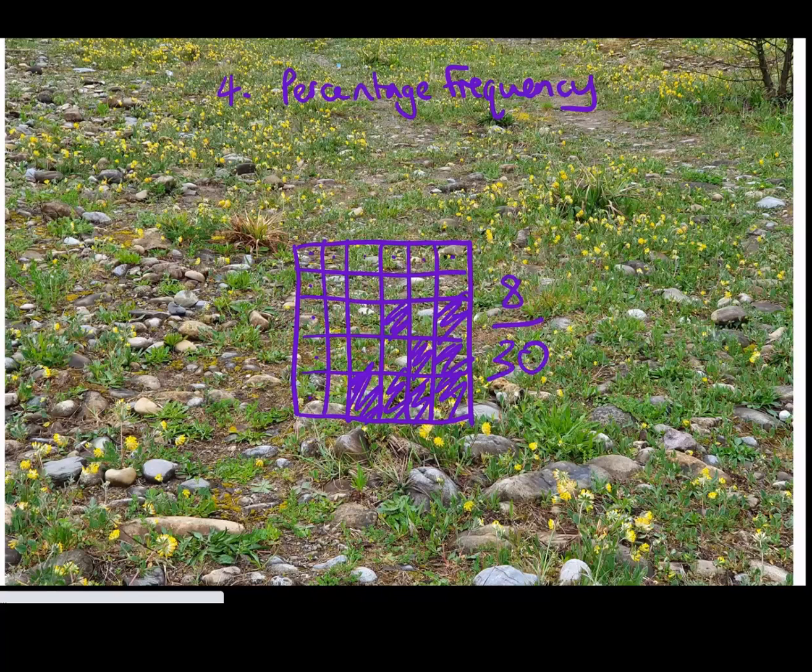And so the percentage frequency will be 8 out of 30 multiplied by 100 to turn it into a percentage. And this is another rough estimate. It tells us how common a species is, but it doesn't really give us very much information on how much of the species is present once we've recorded it.